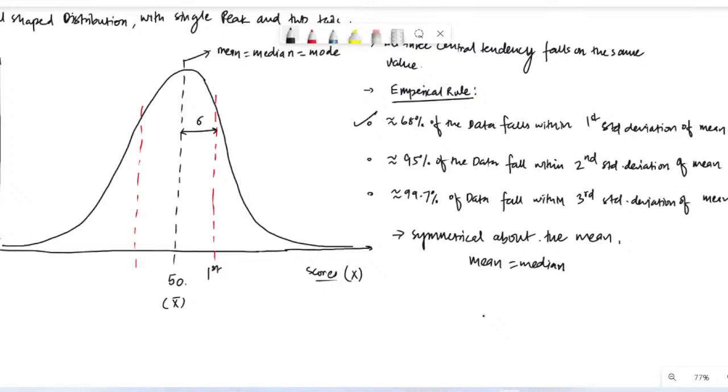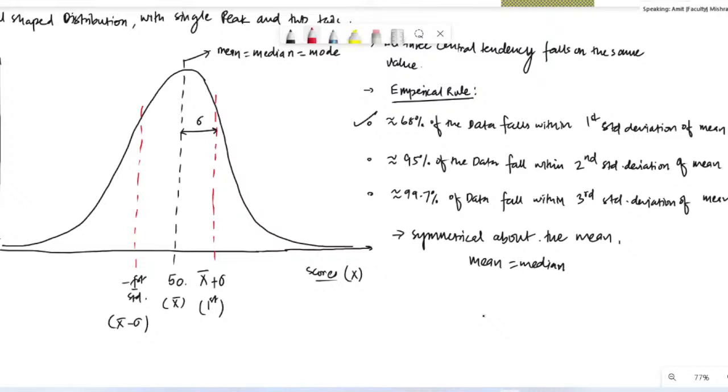So we can represent it as x plus sigma, and on the negative side, minus first standard deviation, x bar minus sigma.